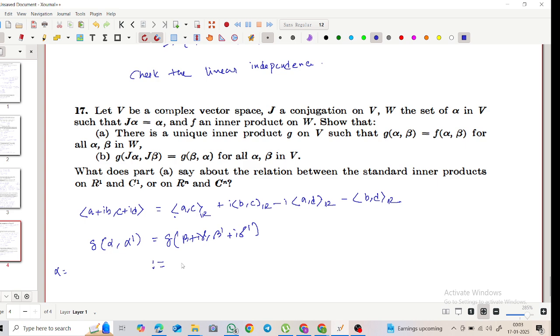Define g to be f(beta, beta prime) plus i f(gamma, beta prime) minus i f(beta, gamma prime) plus f(gamma, gamma prime). That's it.